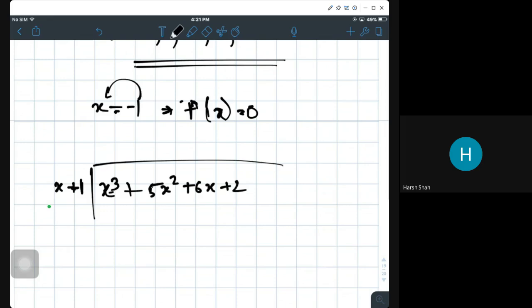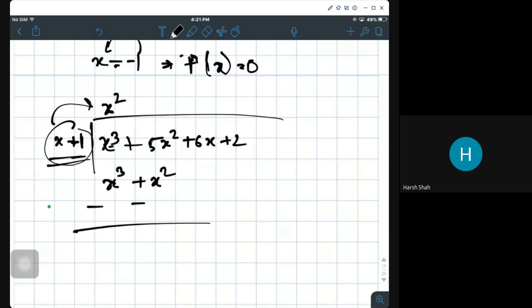Now, what multiplied by x plus 1 gives me x cubed, x square, right? Now multiply this whole thing by this, you get x cubed plus x squared. Now we subtract it, right? So this is 4x squared. This comes down.